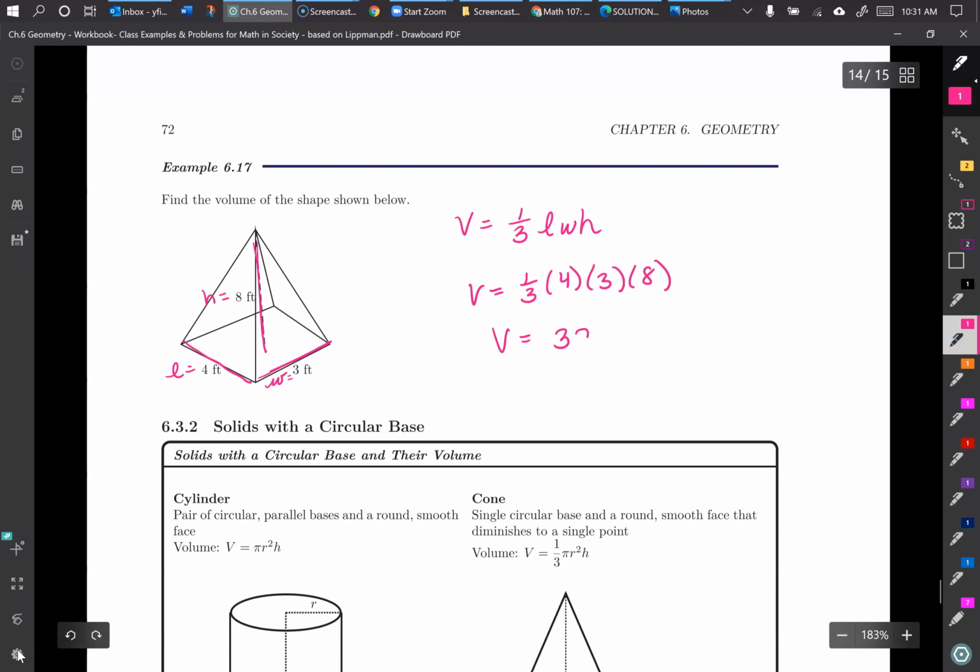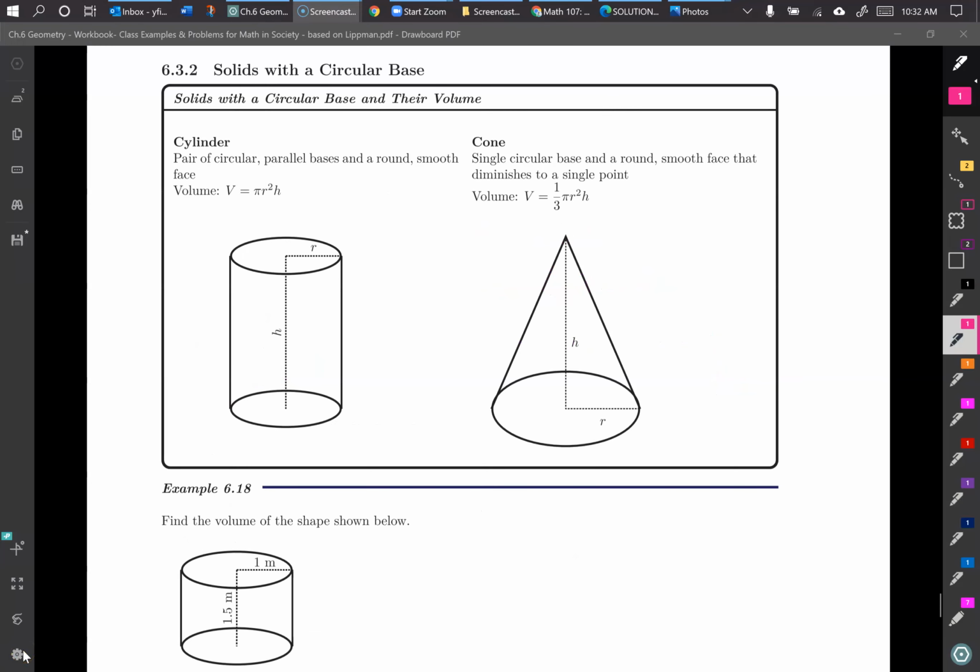That's what a lot of this is when they're just straightforward. And it's cubic feet, or you could do feet cubed, right? That would be fine too. Now, some of these are going to be a little more complicated because they're going to have missing pieces, just like we looked at in some of the other videos. Now here's a couple more straightforward problems.